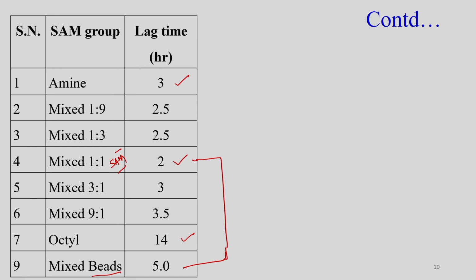So, it suggests that the nanoscale morphology is also playing a role here. We also prepared different ratios of amine and octyl, and for those cases also we have different lag times.